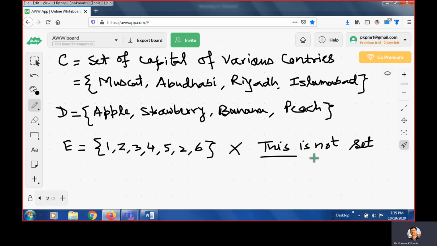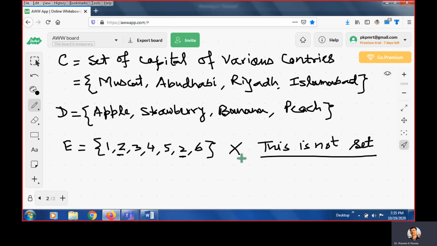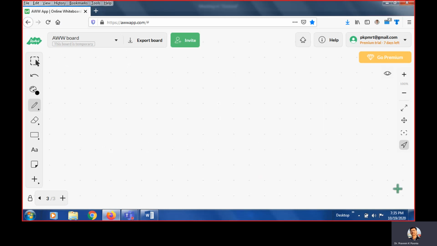You must know the reason. Because this 2 is coming at 2 places. I told you, a set is a collection of well-defined, different objects. The objects should not be the same, and here this and this element are the same. So this is not a set.